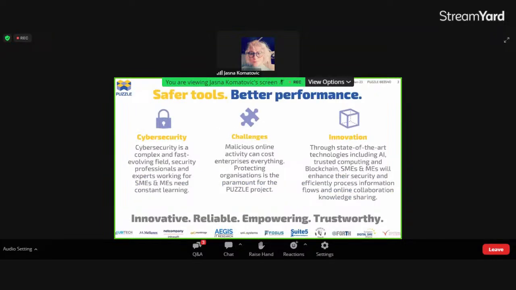So through state-of-the-art technologies, including artificial intelligence, trusted computing, and blockchain, SMEs and MEs will enhance their security and efficiently process information flows and online collaboration and knowledge sharing.